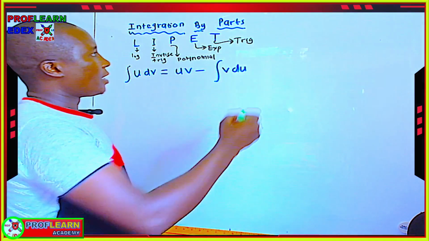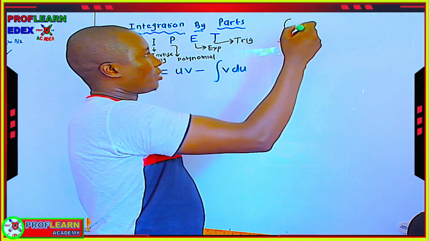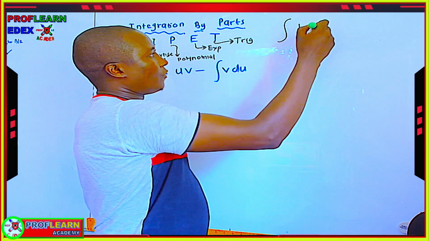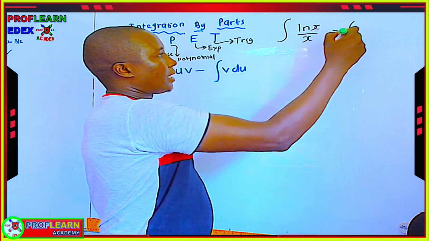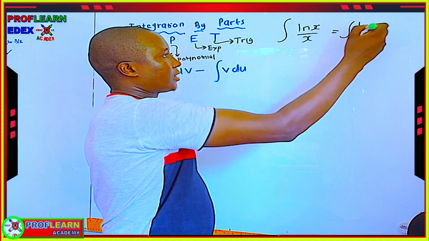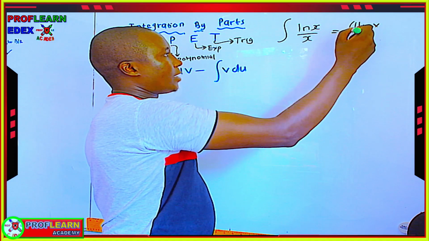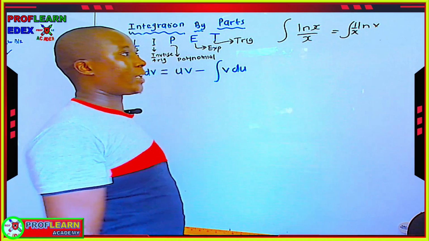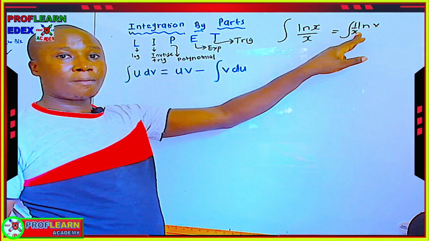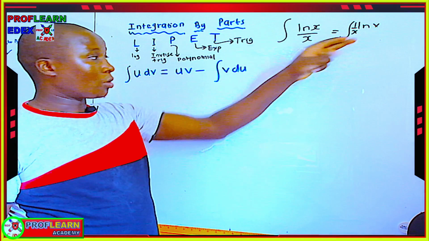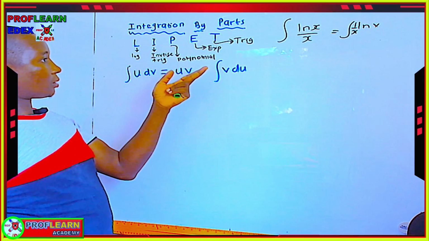What do I mean? If you are having an integral of ln of x over x, we are having the integral of ln of x, and then we are having 1 over x. We are having two functions here, right? We are having a natural log and a polynomial. So which one comes first in LIPET?